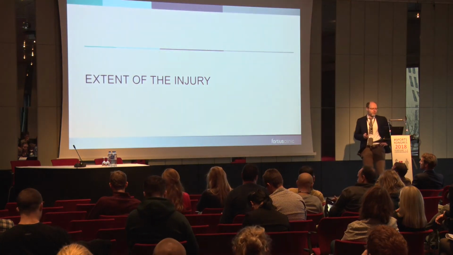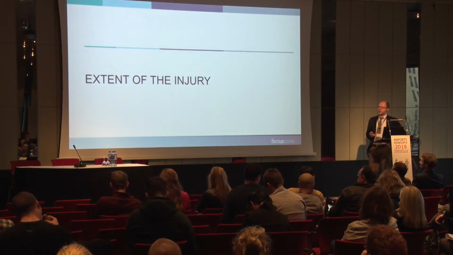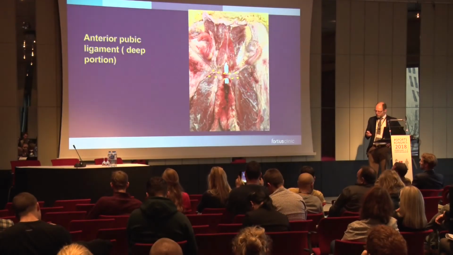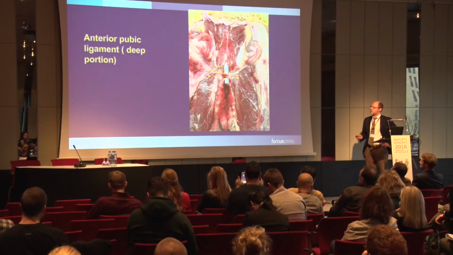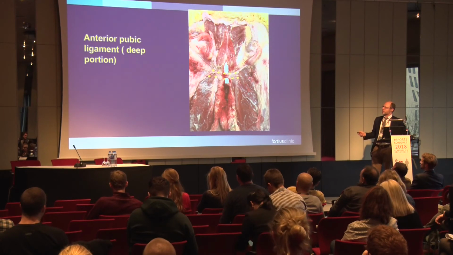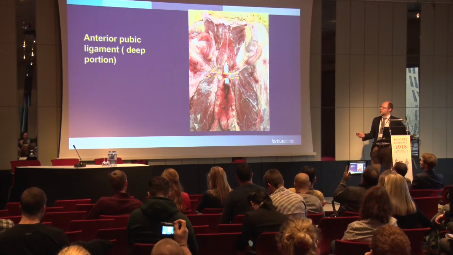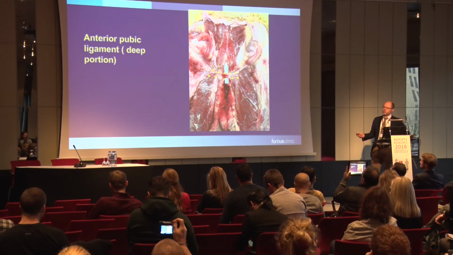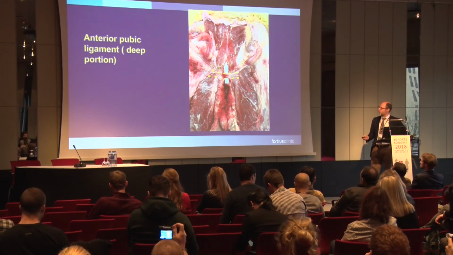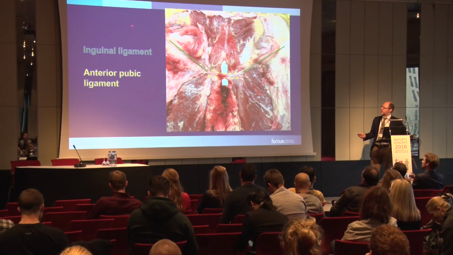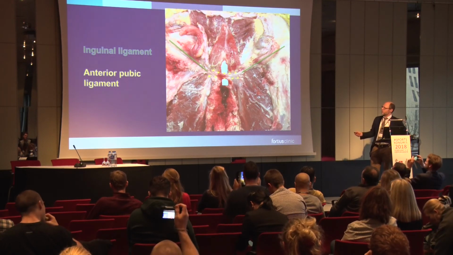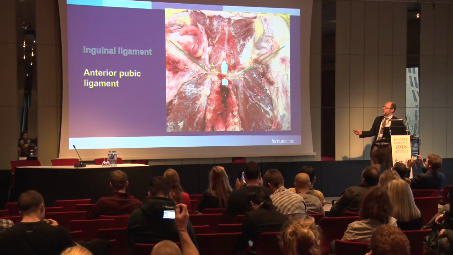So if we look at the extent of the injury, I think it's important to go back to the anatomy a little bit. An important structure is the anterior pubic ligament. The anterior pubic ligament crosses over the pubic ridge and crosses over the symphysial joint. And laterally, the anterior pubic ligament continues into the inguinal ligament.